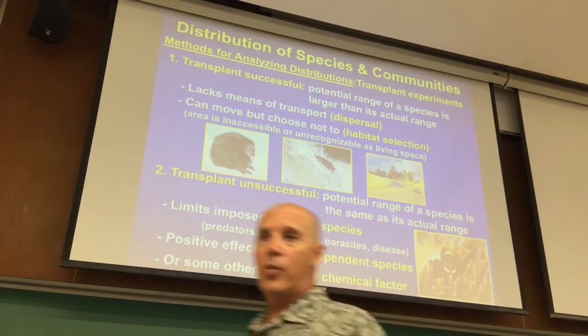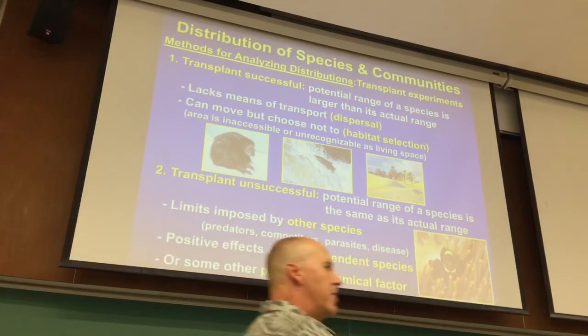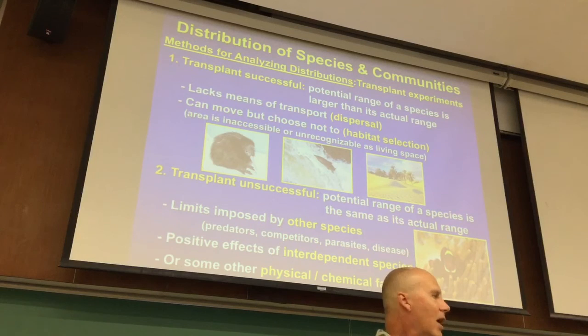Interdependent species are really important too. So I take one species that's doing fine here, I plunk it down in the new habitat, and it dies. I'm like, everything looks fine. Why did it die? Well, maybe because I didn't bring its symbiotic relationship with it. Prime example would be pine trees. So there's certain northern pines here that we utilize as ornamental trees, and we ship them all over the place.